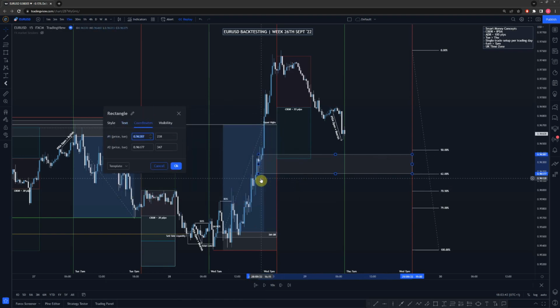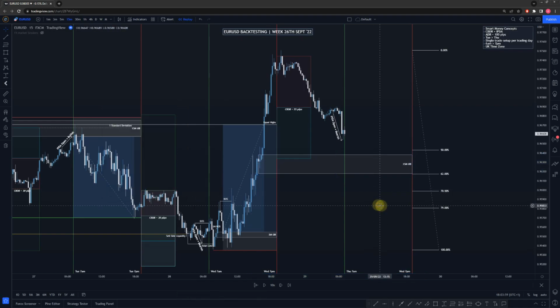So let's get our coordinates in for that. The high of this candle is 96383 and the low of this candle is 96176. That's our 15-minute order block.